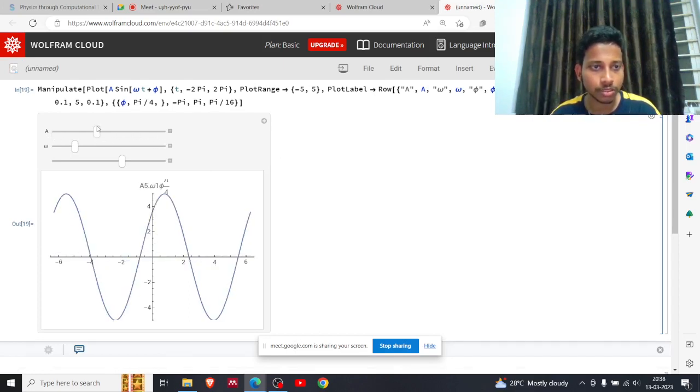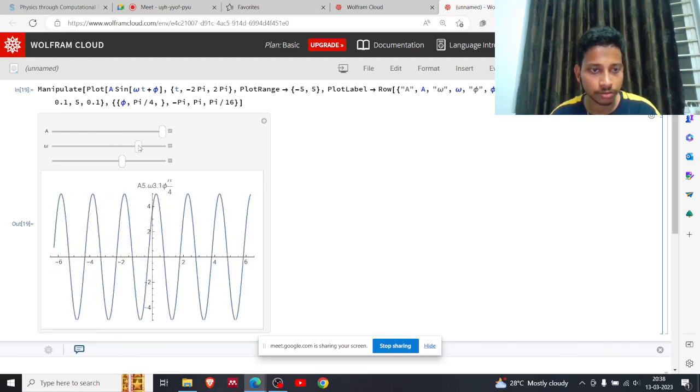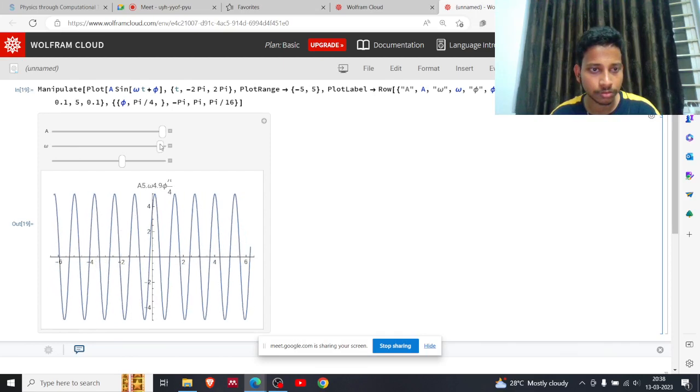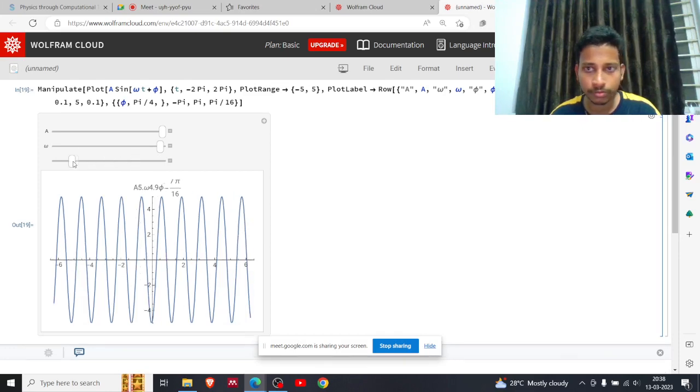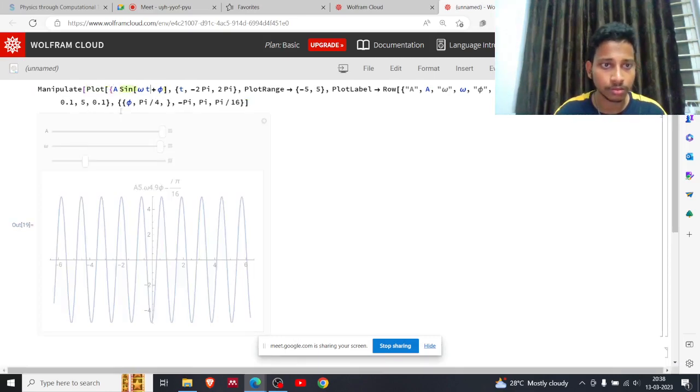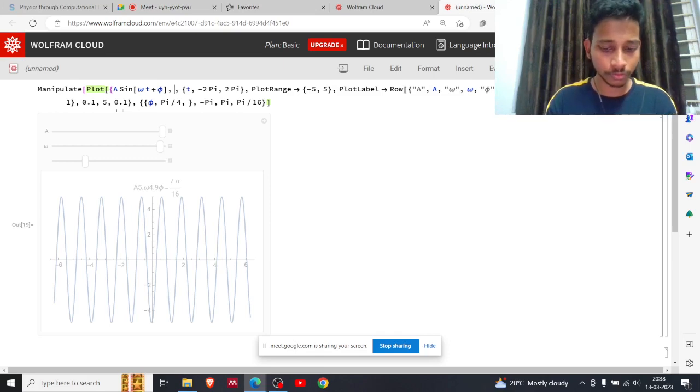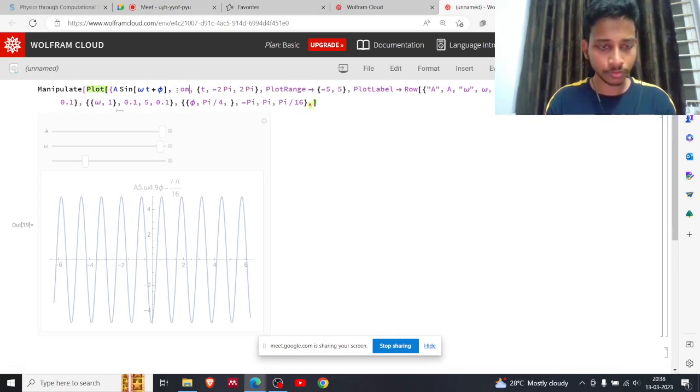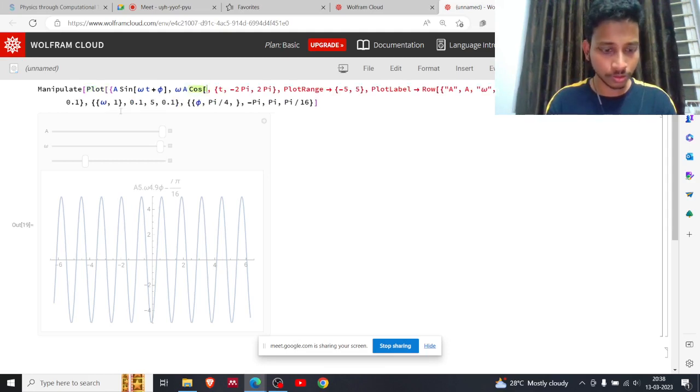So this is a plot for sine(omega t plus phi). Now what I am going to show you is a sin(omega t plus phi).